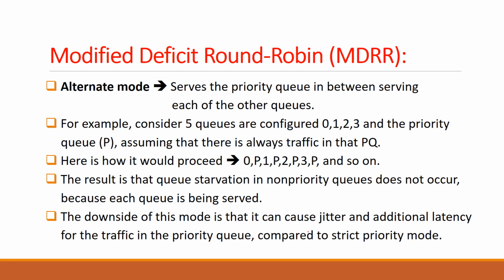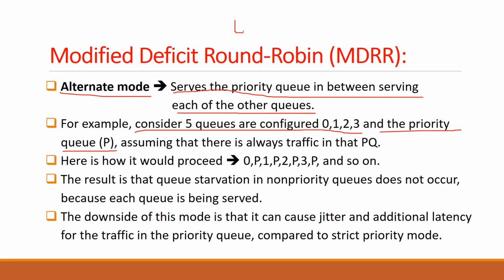The second option is called alternate mode. It serves the priority queue in between serving each of the other queues. Let's give an example here. Consider we have 4 queues configured from 0 to 3, plus the priority queue.